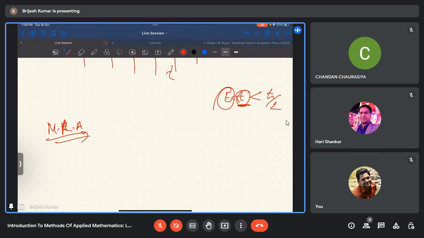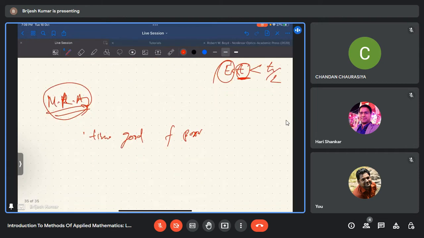So the time resolution is good and the frequency resolution is poor when our frequency is very high.